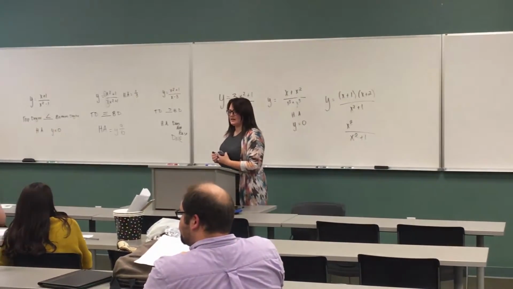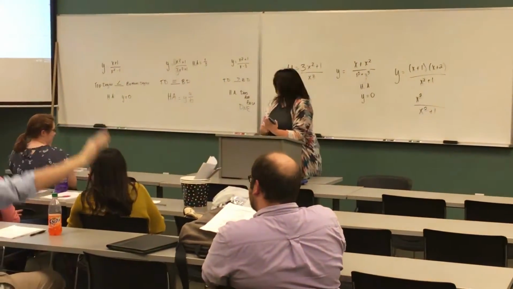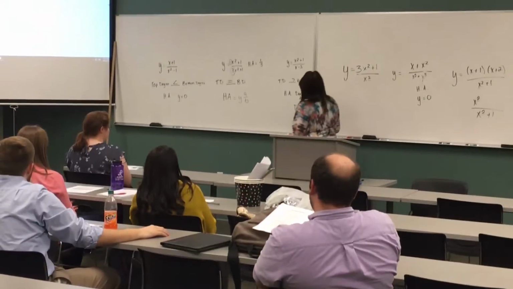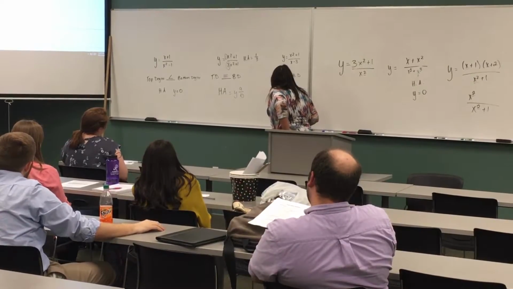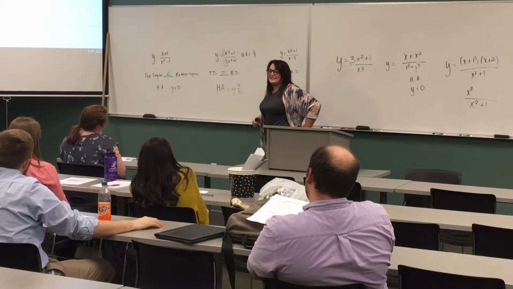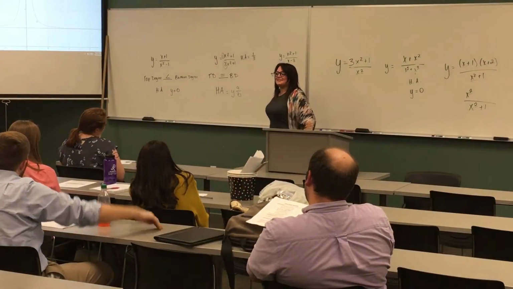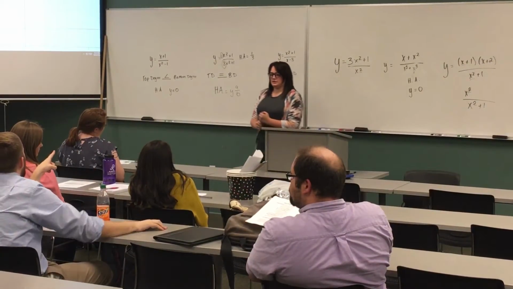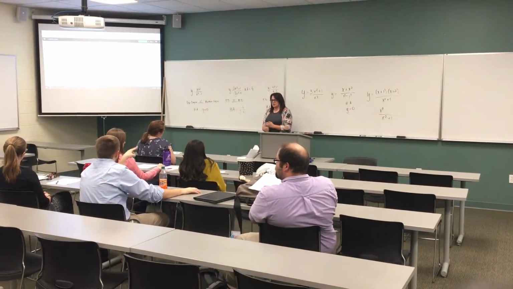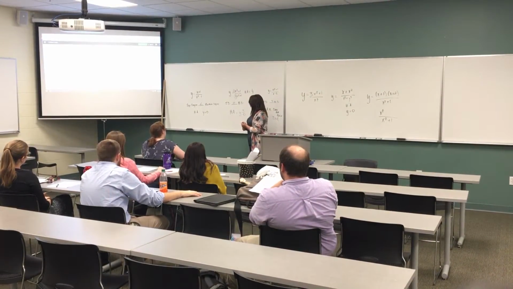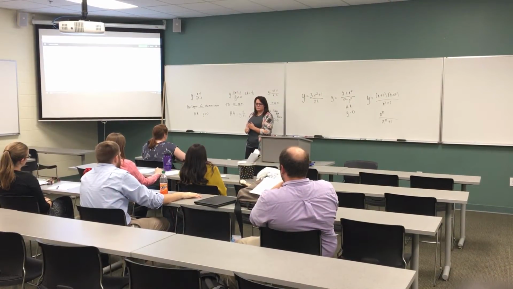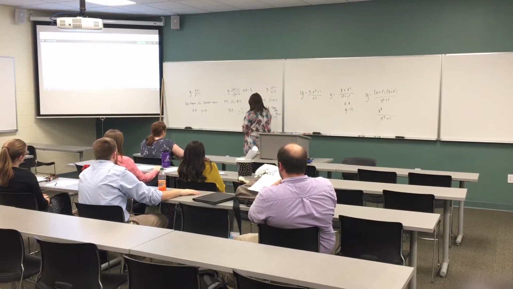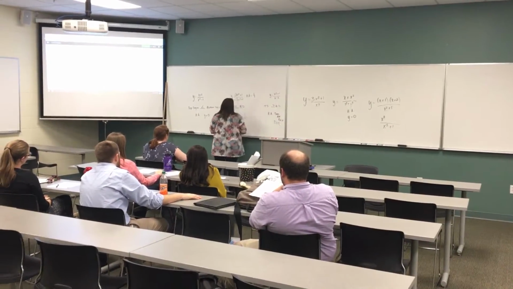Do you guys have questions? Yes? Why can't the horizontal asymptote exist in that one? I have no idea. Because that's the rule. Okay. Would it be easier to put a t instead of the a? Say that to me again.